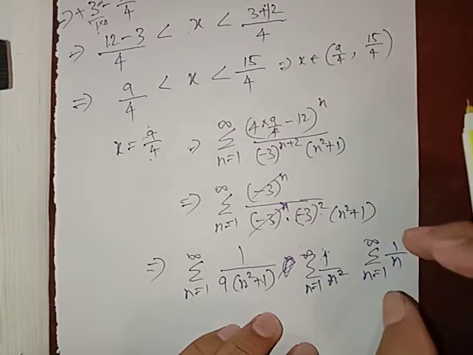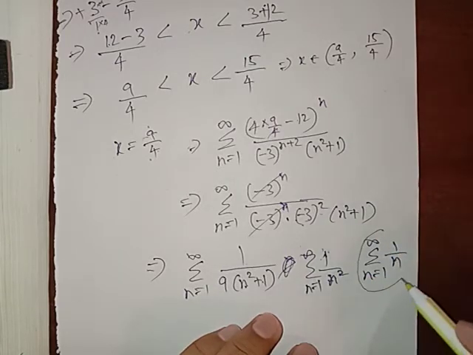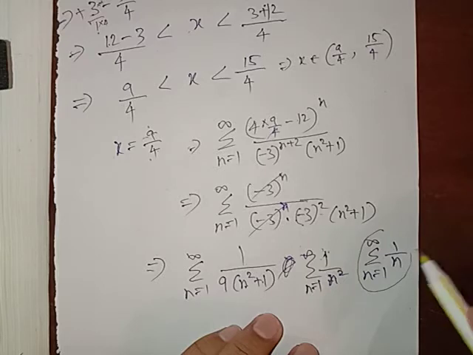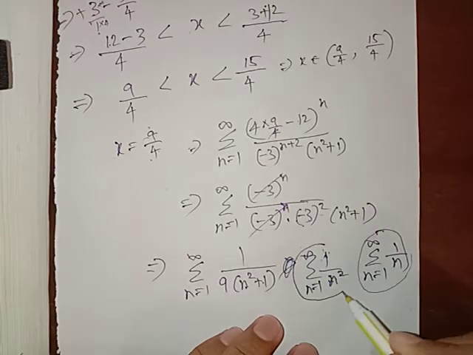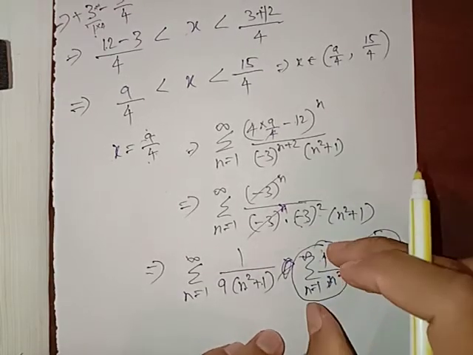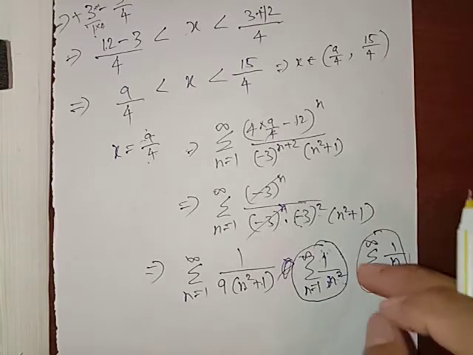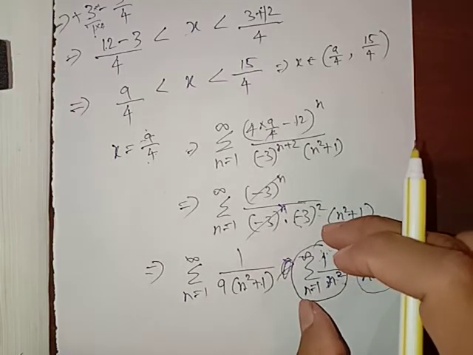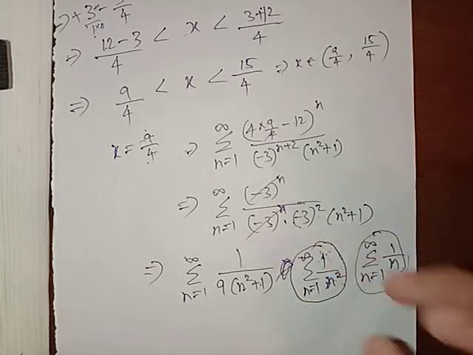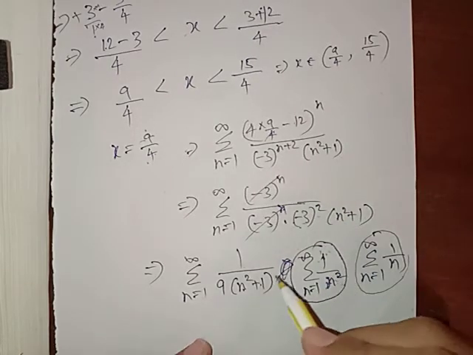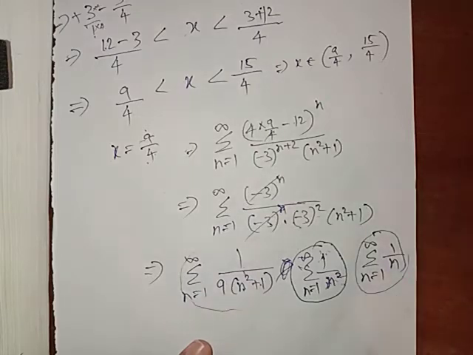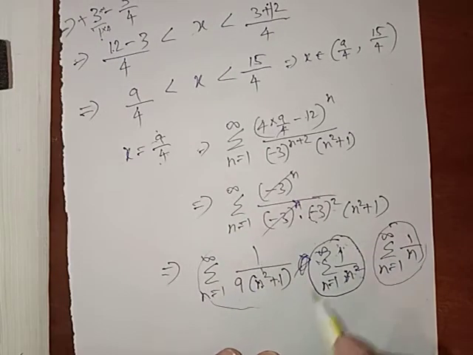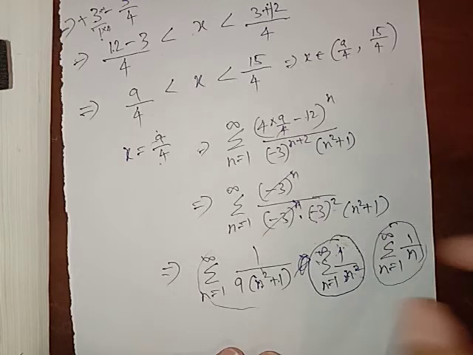This does not converge. Now 1 by n square series converges. So this series is similar to this one, and we can say this series converges.